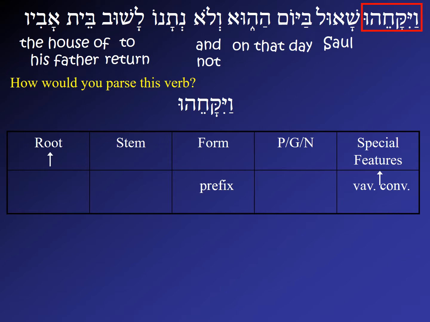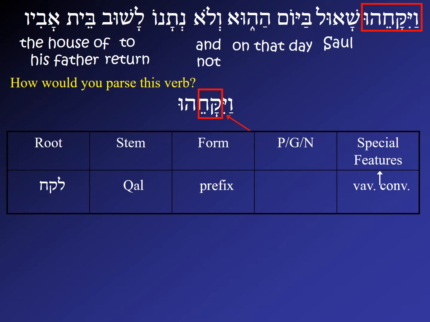Now the root, we notice here that we have a dagesh in the kof, and then we have a chet. This dagesh is indicating either first nun or first lamed, and in this case we know first lamed, lakach. For the stem, we can look at the vowel under the prefix, and this is our indicator of the kal. So this is just kal prefix of lakach.